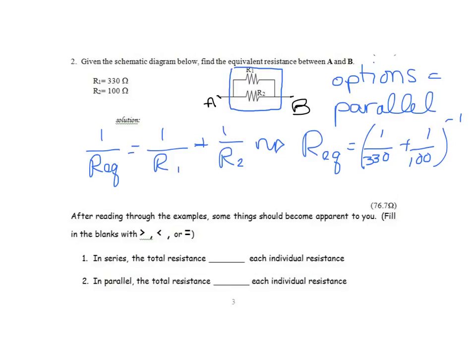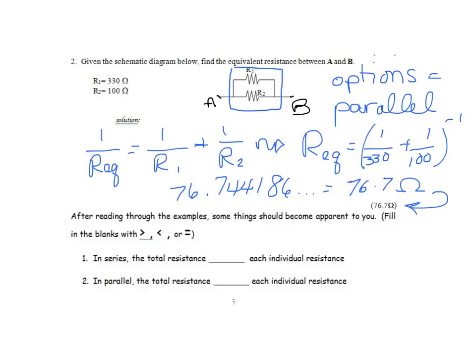So open parentheses, 1 divided by 330 plus 1 divided by 100. Don't forget your decimal points, so you get a full value. And then close parentheses, caret, -1. And that gives us 76.744186 on and on, which is 76.7 ohms, which agrees with our answer here.